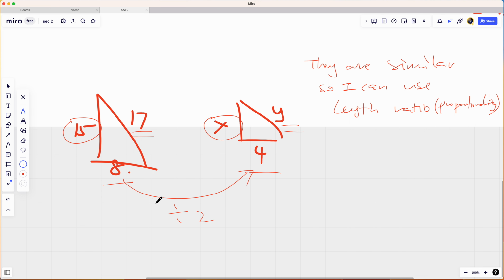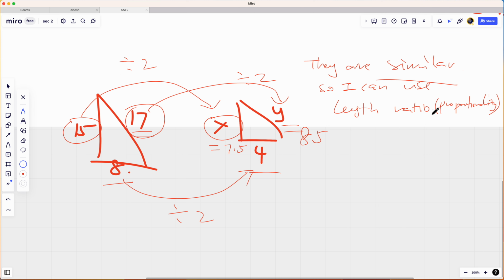Divide by 2. So 15 also needs to be divided by 2 to get x, right? So what's x? 7 whole 1 over 2. Give me a decimal number. 7.5. Similarly, how do you get 17 to y? Divide by 2. What do you get? 8.5. So this is called the similar triangle property.